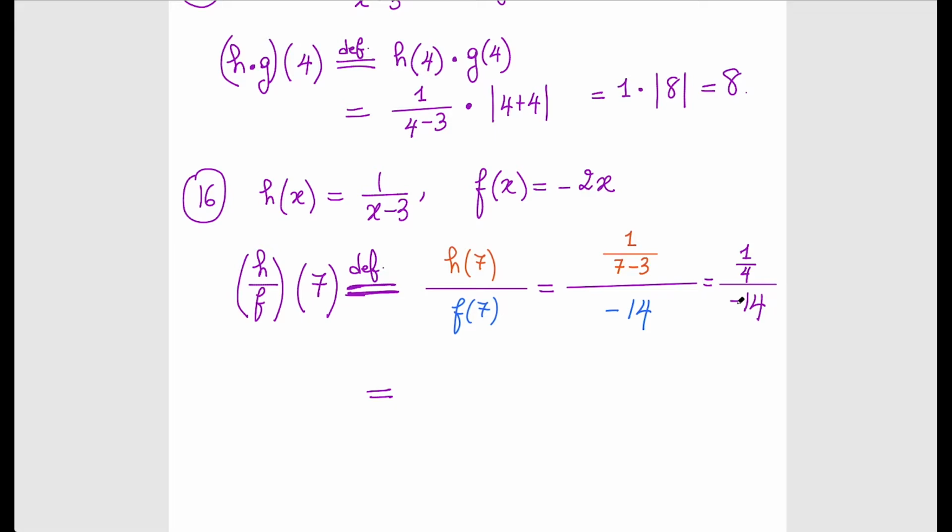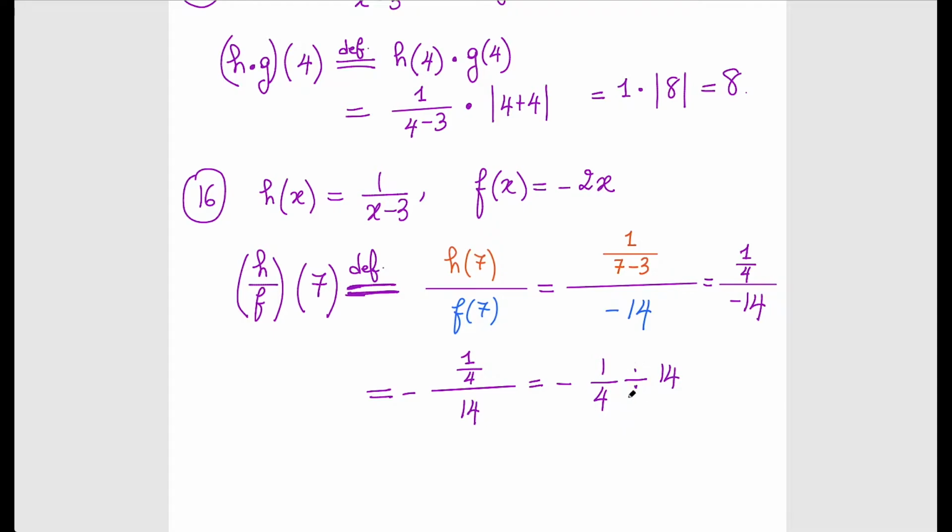I can push the minus outside at the level of the fraction bar, so minus 1 over 4 divided by 14. I'm rewriting what this fraction bar means. It means division.